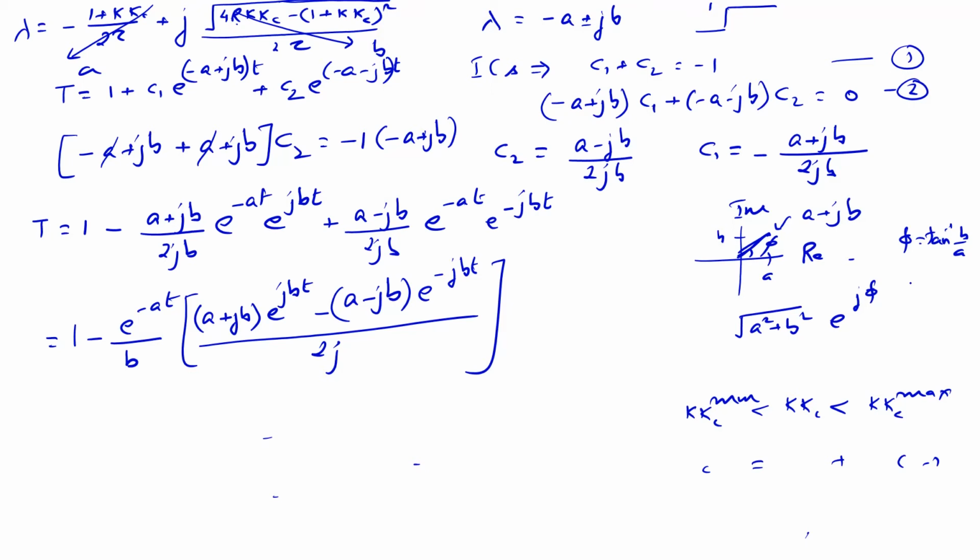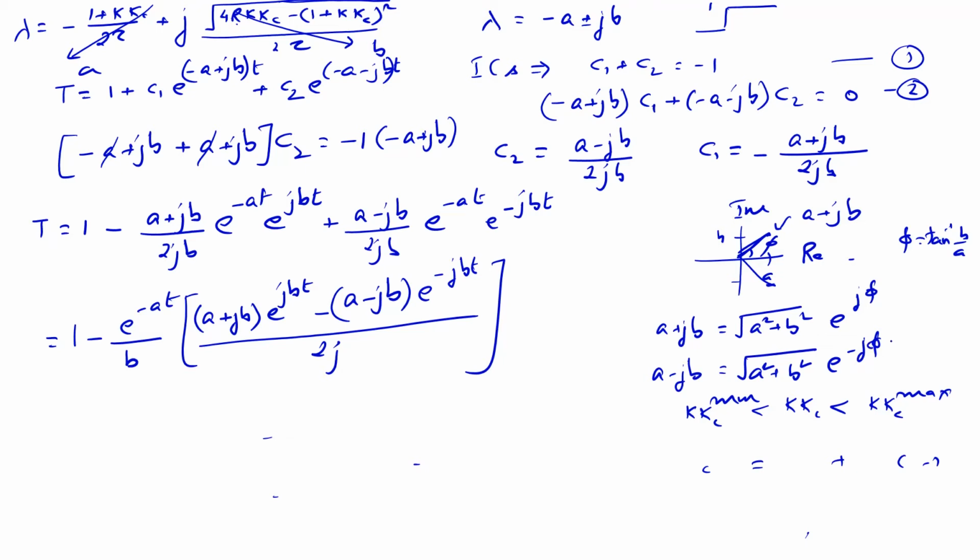And a minus jb can be written as square root of a squared plus b squared into e to the power minus j phi, because b has become minus b, so the magnitude remains the same and the angle becomes minus phi.